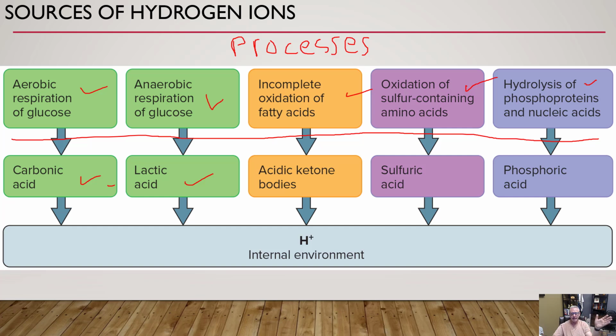So in lactic acid fermentation, NADH transfers its electrons directly to pyruvate, generating lactate as its byproduct. Lactate is just the deprotonated form of lactic acid. And from here, lactic acid dissociates into lactate ions and hydrogen ions when dissolved in water.